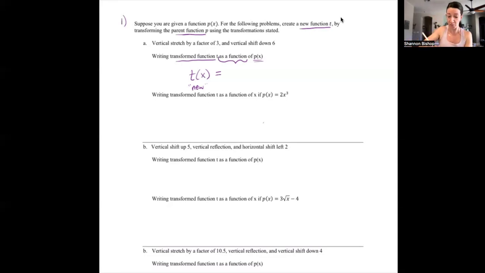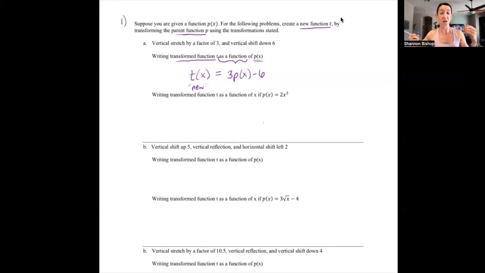So a stretch factor of 3 is going to be a multiplier that gets applied on the outside to the outputs of p of x. And then a vertical shift down 6 will just be a literal subtraction of 6 on the outside, again, because it's to the outputs of this creature named p. And that's it. That's the answer for that.